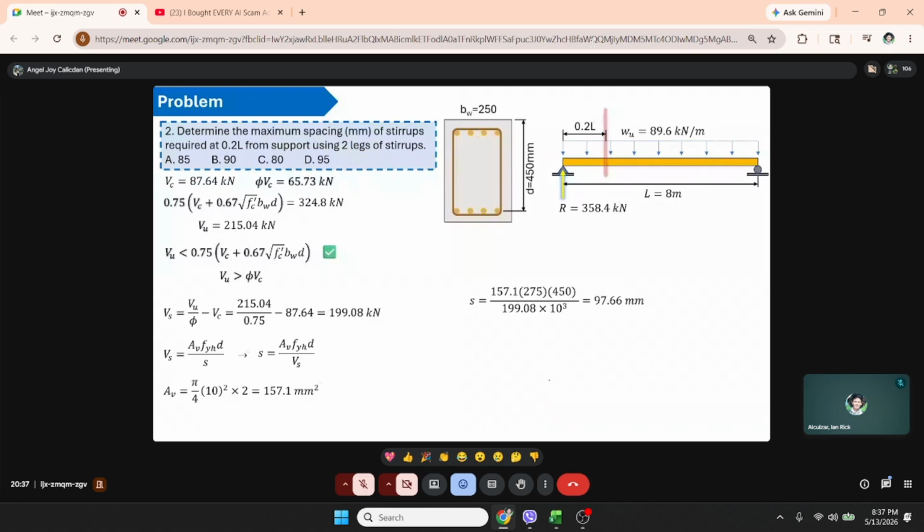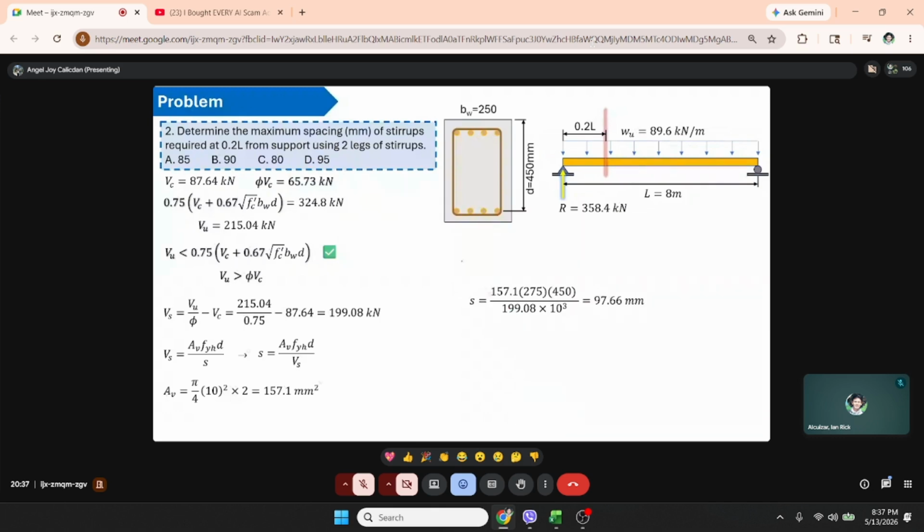And substitute Av times Fyh na given times 415 na depth all over Vs na 199.08 times 10 raised to 3.